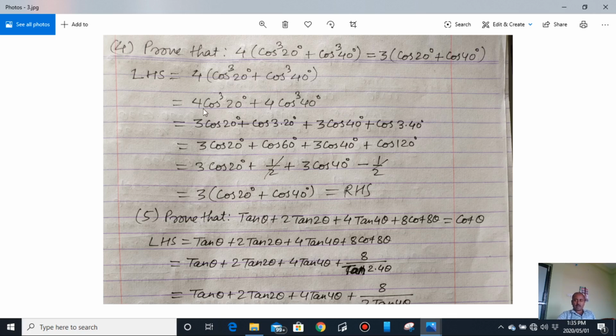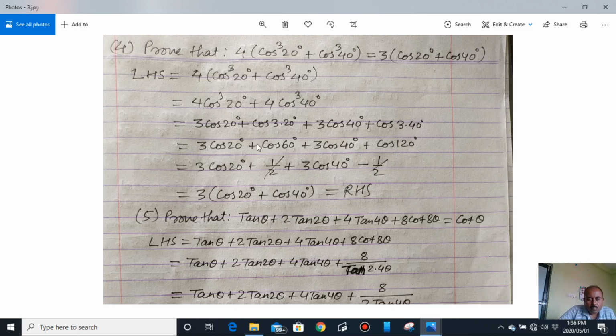So you apply that: 4 cos cube a equal to 3 cos a plus cos 3a. Here also 4 cos cube a equal to 3 cos a plus cos 3a. Here first part a means 20, second part b means 40 degree.